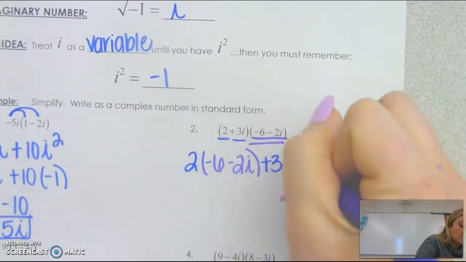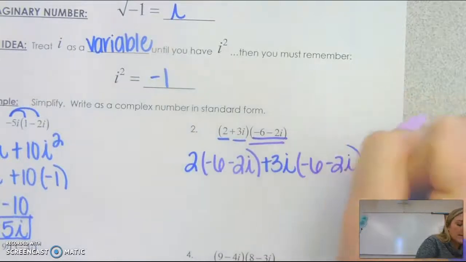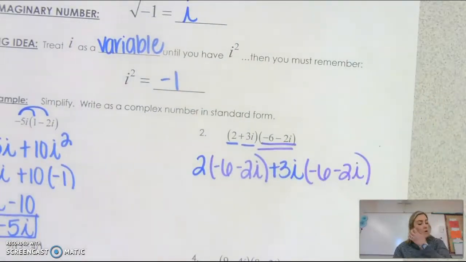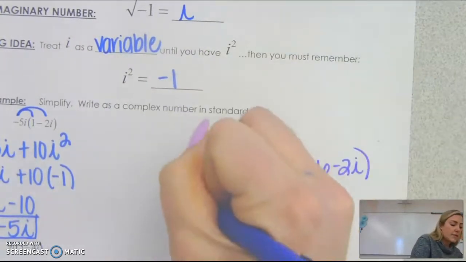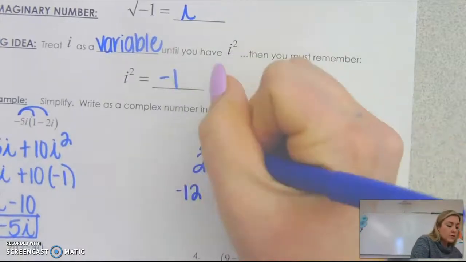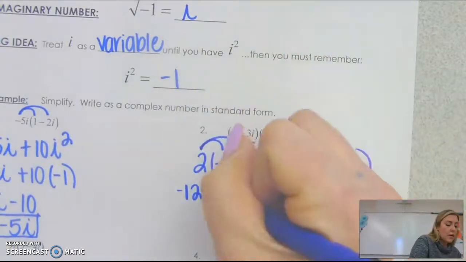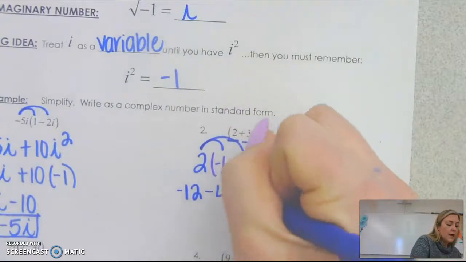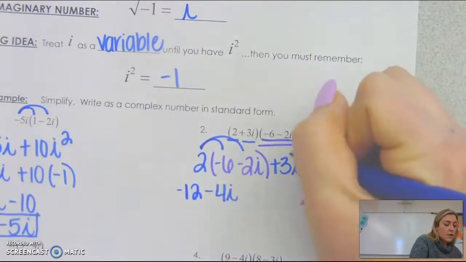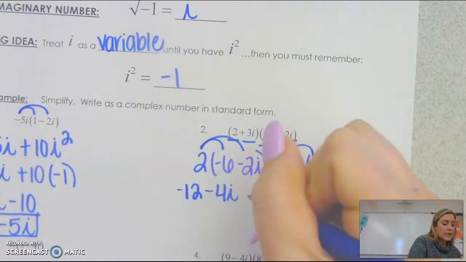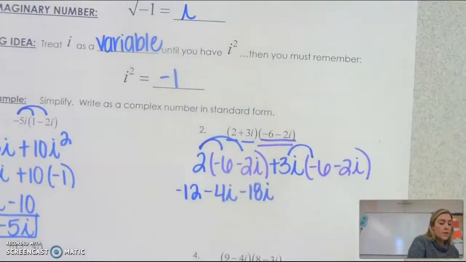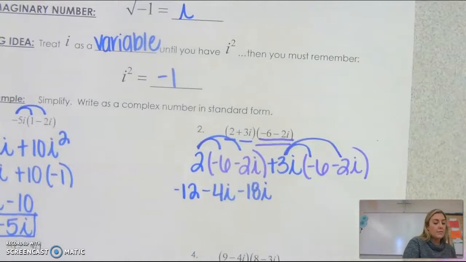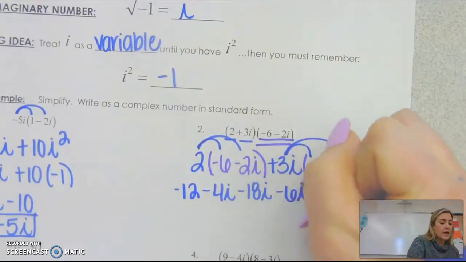So -6 minus 2i. Now we're just going to distribute like we normally would. So 2 times -6 is -12. 2 times -2i is -4i. 3i times -6 is -18i. 3i times -2i is -6i squared.